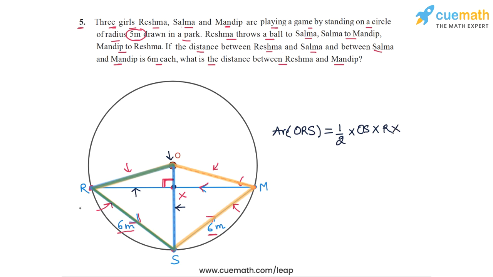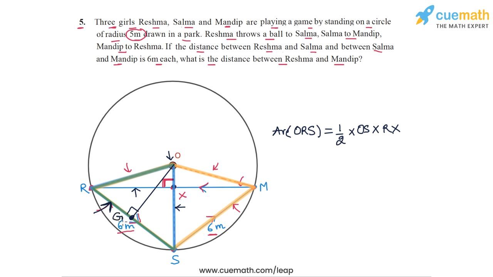The other way to write the area of this same triangle is to take this side RS as the base. If you take RS as the base, then the altitude will be the perpendicular dropped from O to RS. This will be the altitude, and if the foot of the perpendicular is X, then, or X is actually already taken, so let's call it something else.